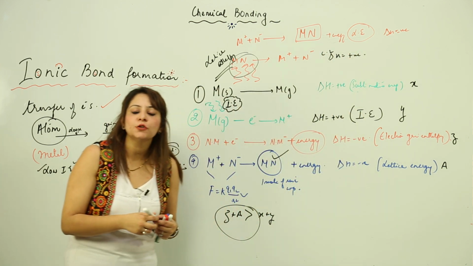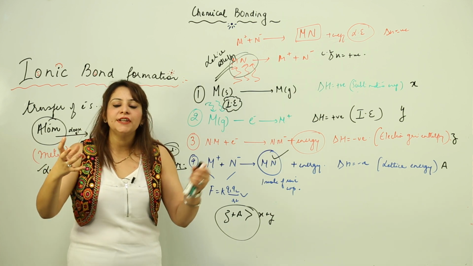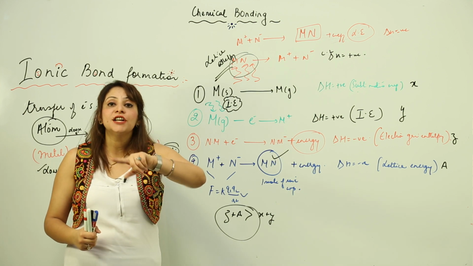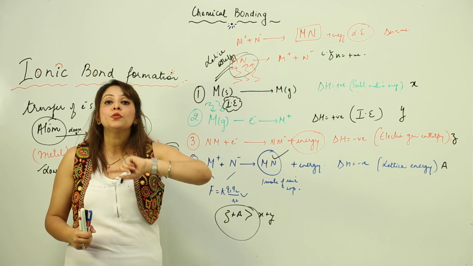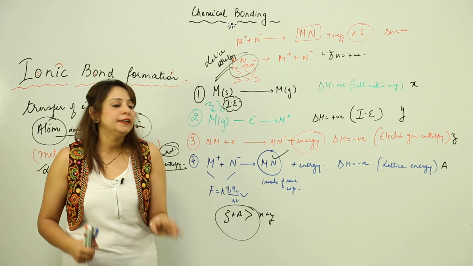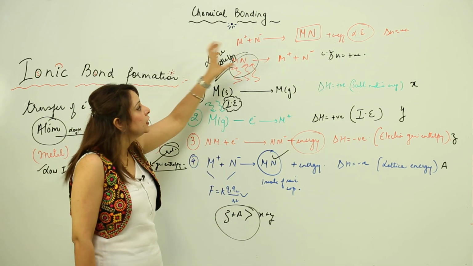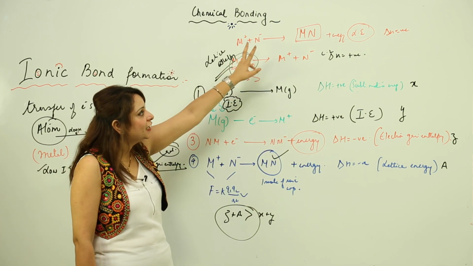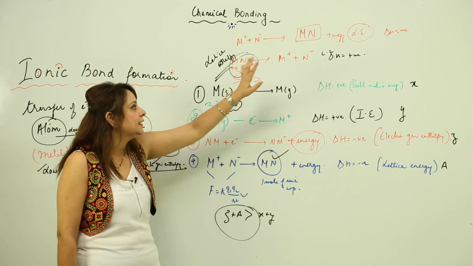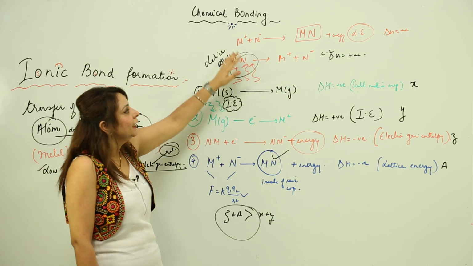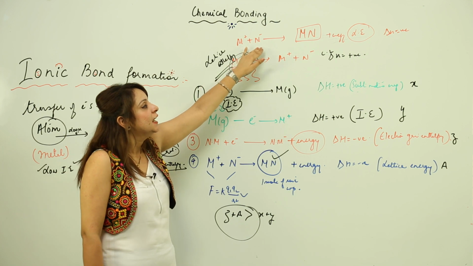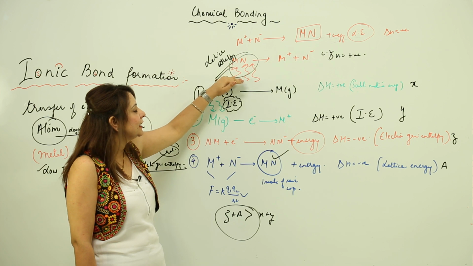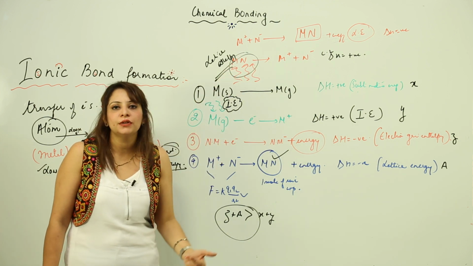Lattice energy is the energy released when positive and negative ions combine to form 1 mole of ionic compound, and lattice enthalpy is the energy needed to break 1 mole of ionic compound back into its constituent ions. So for lattice energy delta H is negative because it is being released, and for lattice enthalpy it is positive because you are supplying it with energy.